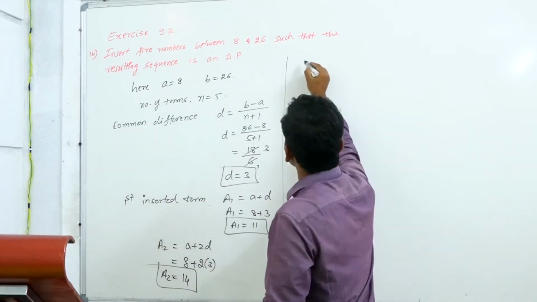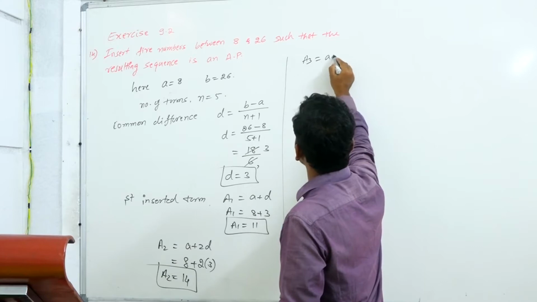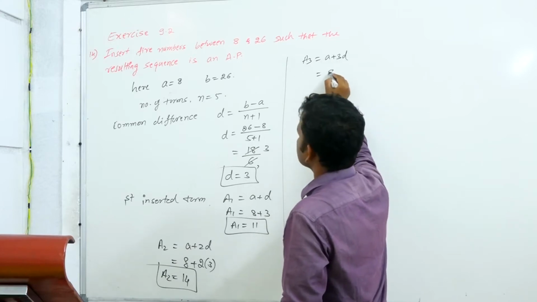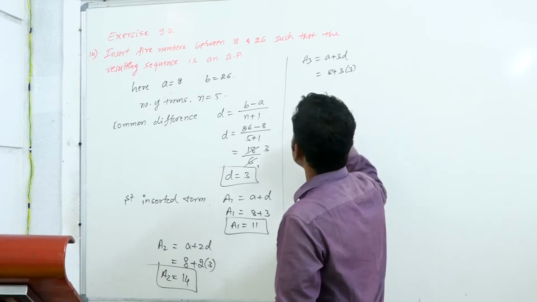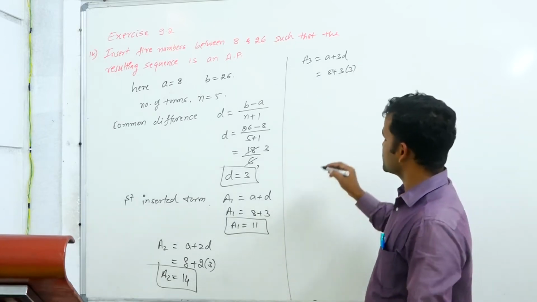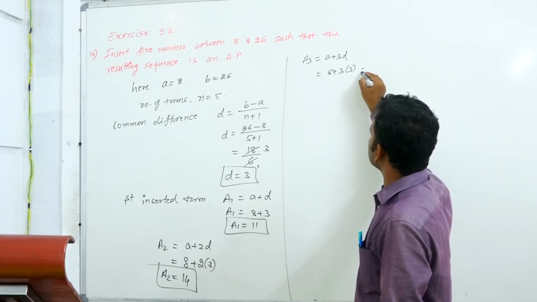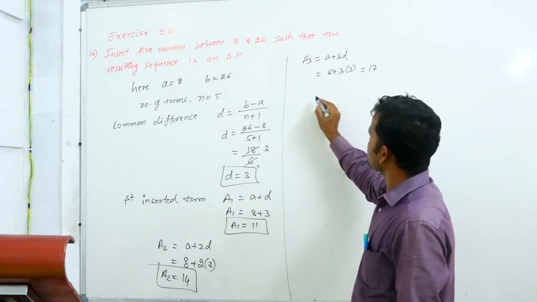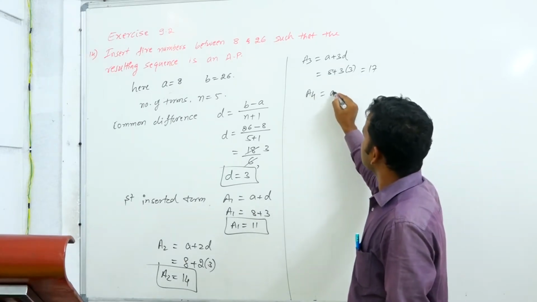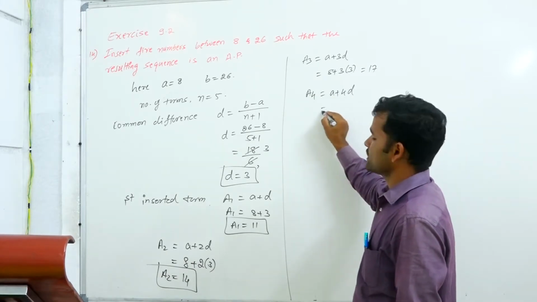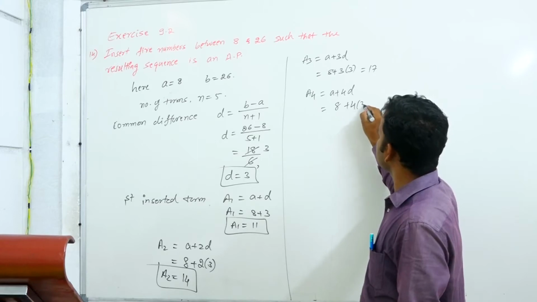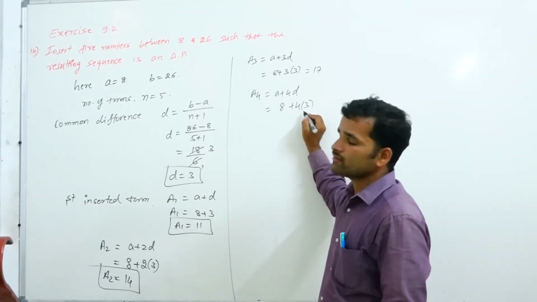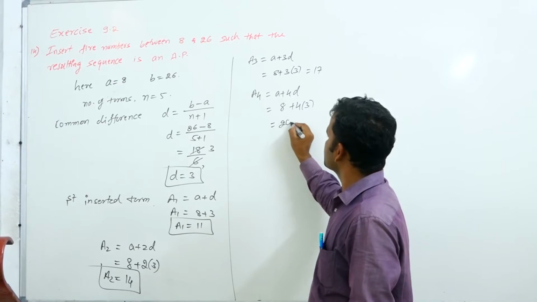Next, what about A3? A3 is A plus 3D. A is 8 plus 3 into D is 3. 3 into 3, 9. 9 plus 8 is nothing but 17. A3 is equal to 17. A4, A plus 4D. A is 8 plus 4 into D is 3. 4 threes are 12. 12 plus 8, 20.